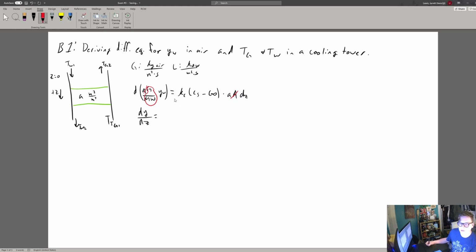If you look at this chunk here, it's just the molar flow rate or mass flow rate for the water, so we can rewrite that as the mass flux of water. And this actually has to be the negative, so it'd be the negative mass flux, sorry.